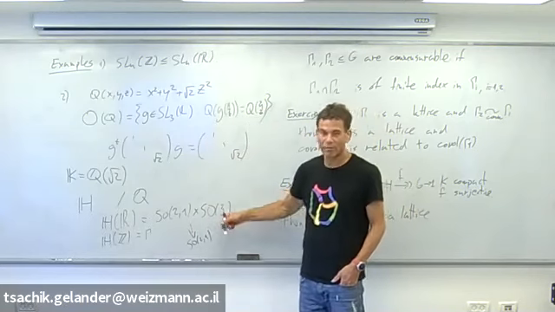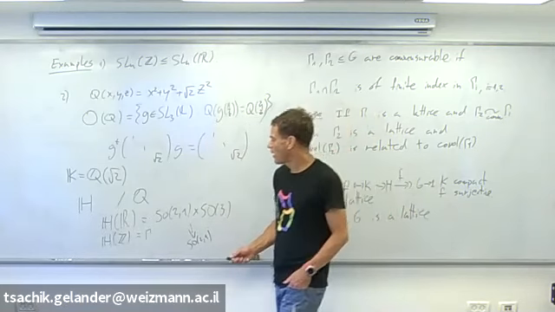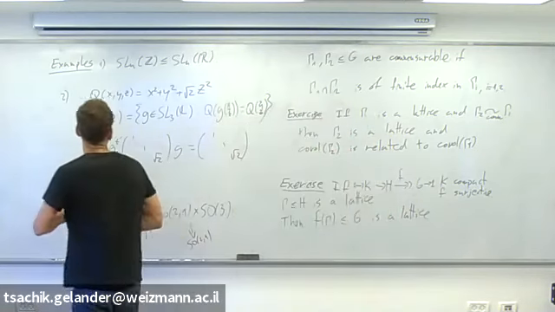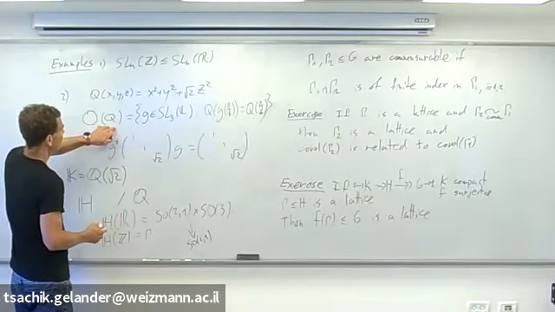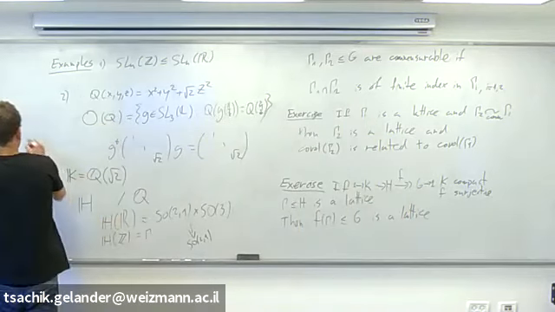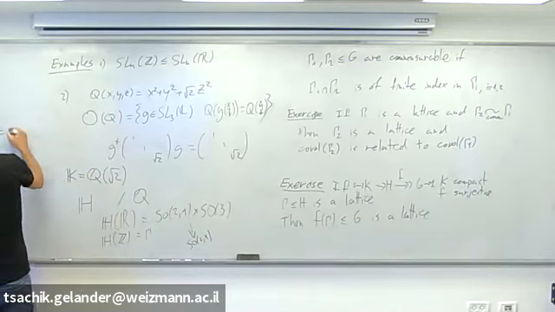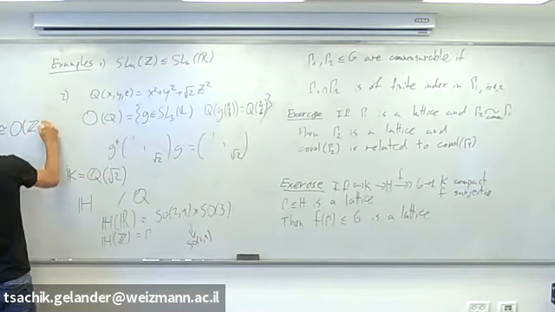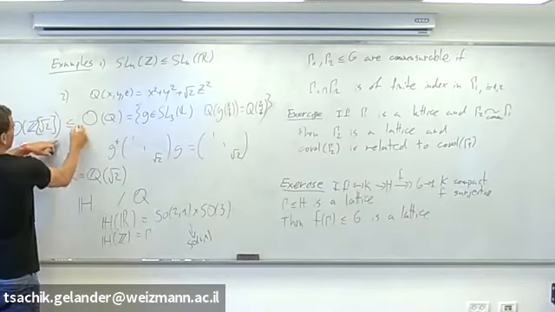What is gamma again? Gamma, inside this group, will be isomorphic to the group O of Z[√2].